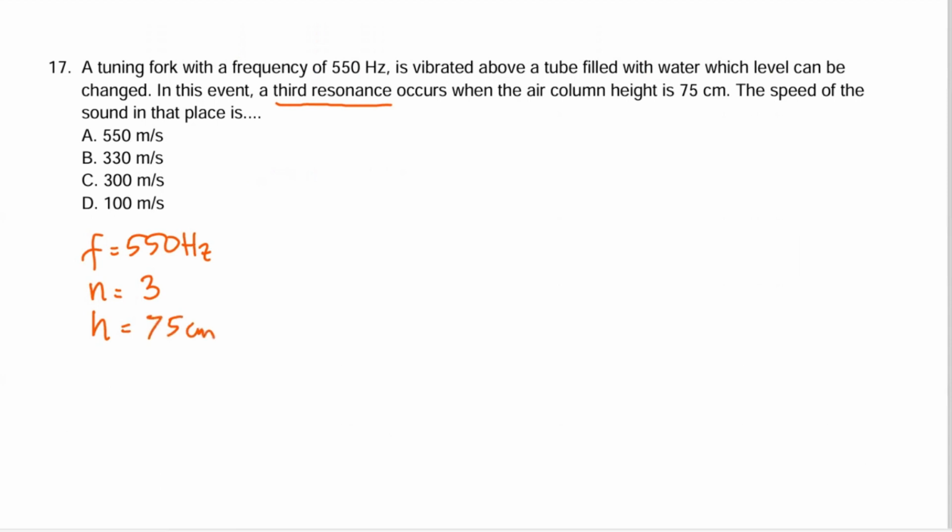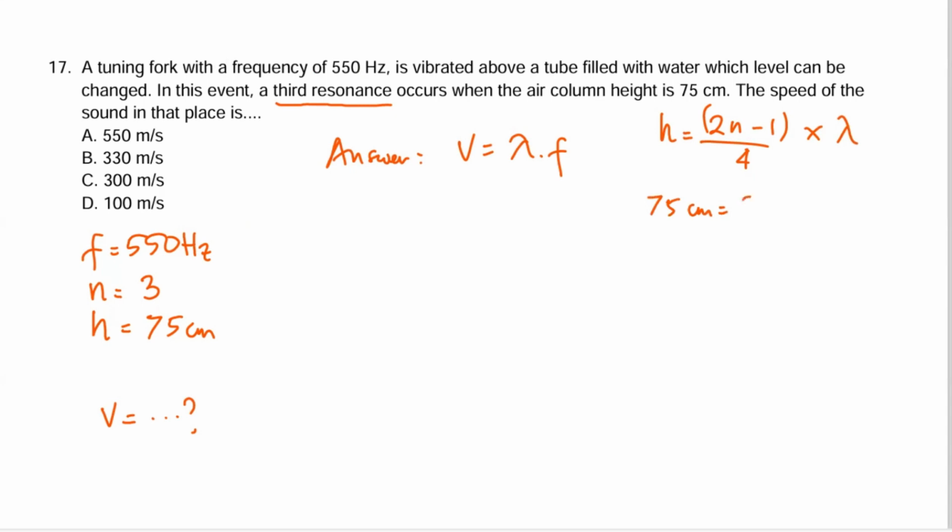The question is asking what is v. To answer it, we need to remember that v is counted as lambda times f, right? We know the f, 550 Hertz, but we don't know the lambda. How do we get the lambda? We use the resonance equation: h equals 2n minus 1 over 4 times lambda. h here is 75 cm equals 2 times 3 minus 1, be careful with this, over 4 times lambda. 2 times 3 is 6, 6 minus 1 is 5.